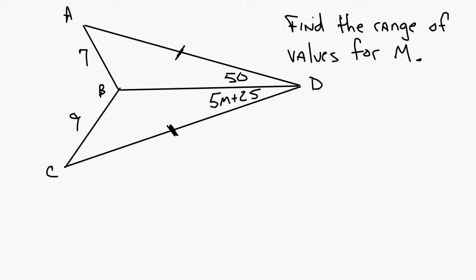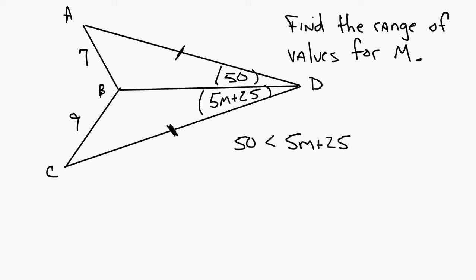So the angle that's 5M plus 25, how does it compare to the angle that's 50 degrees? It's greater than, isn't it? Okay? So look, 5M plus 25 is greater than 50, or 50 is less than 5M plus 25. Agreed?